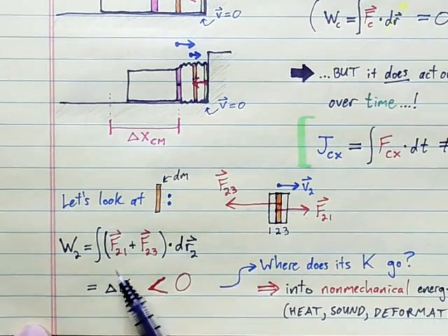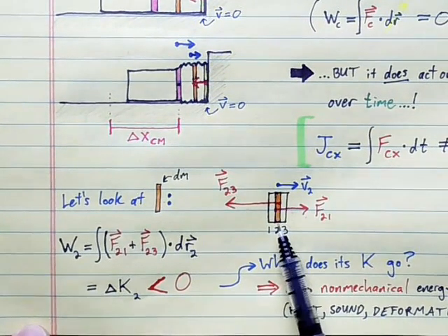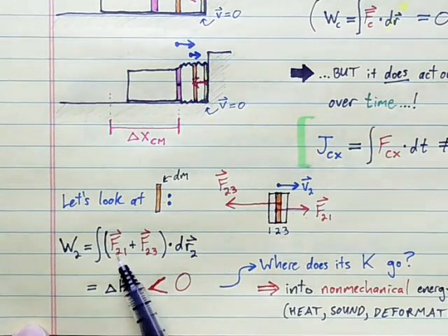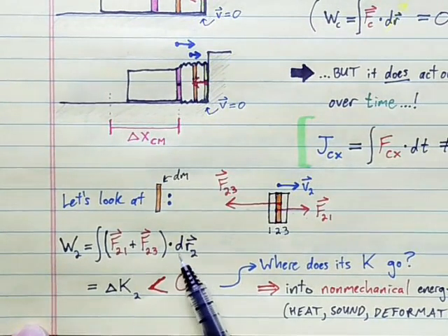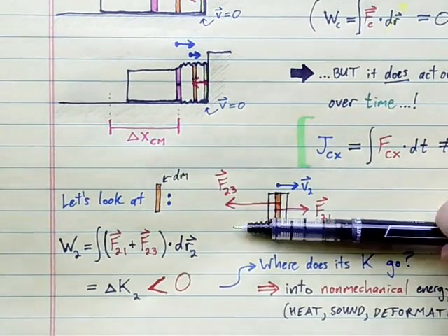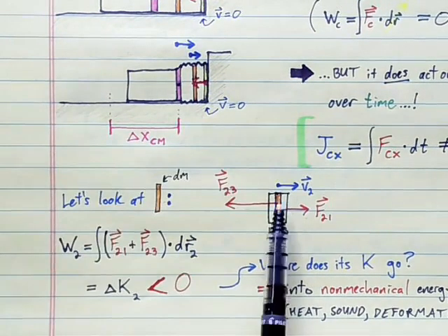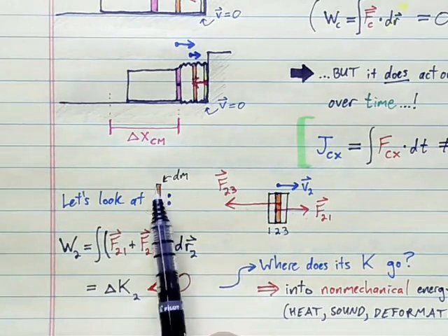So the net work done on this little slice of mass, this little dm here, will be this net force dotted with the displacement of that little slice of mass. And we see that since our net force is to the left and our displacement will be to the right, that's a negative work being done on that little dm there, our little orange dm.